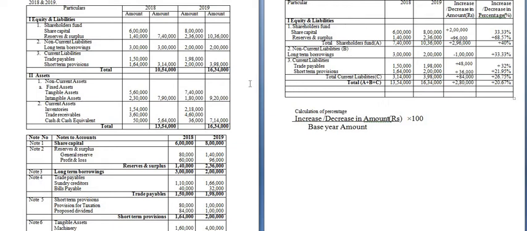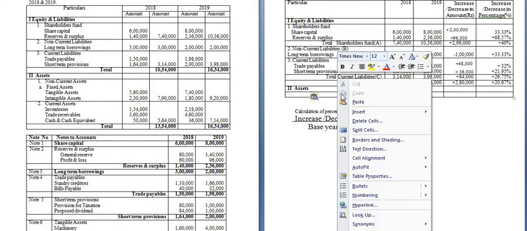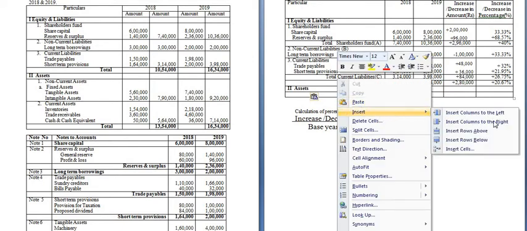Now next one is assets. Right here, Roman 2, assets. Now we will be recording all the information relating to the asset side.